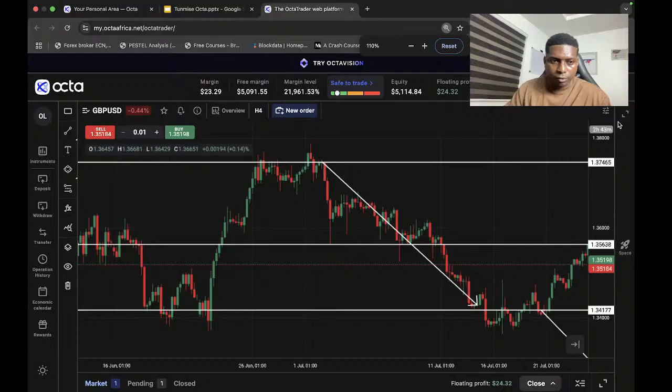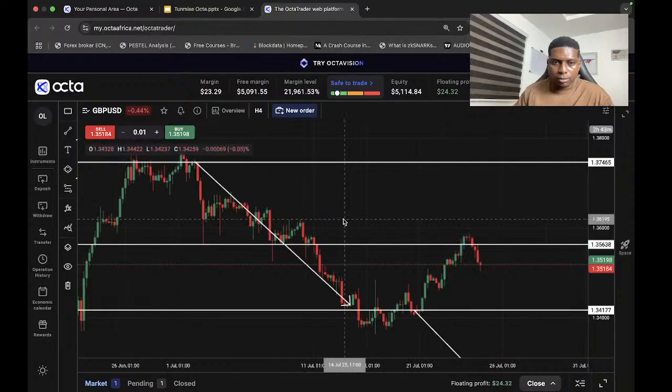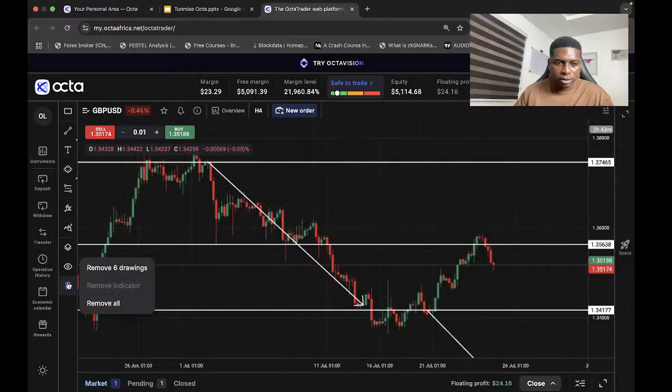So here we were looking at GBP USD. Let's kick off with GBP USD. Now let's go to the daily time frame.